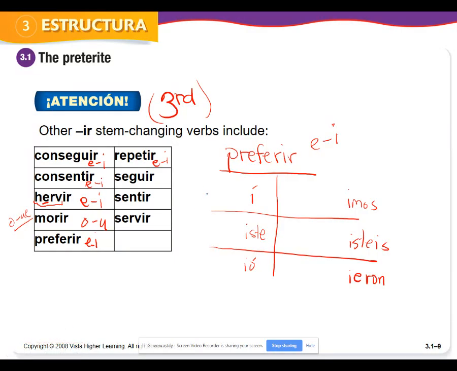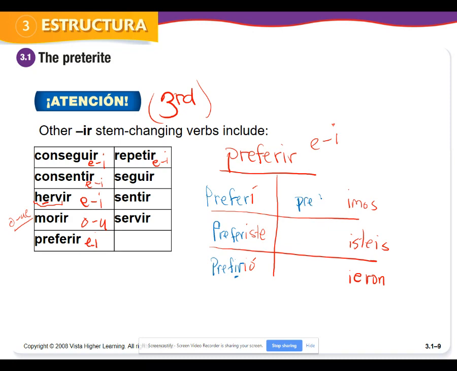So now look, with your stem, it would just be yo preferí. Yo preferí. Tú preferiste. Él prefirió. Again, notice that spelling change in third person.